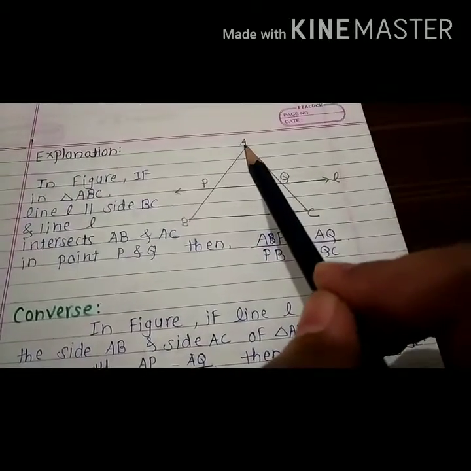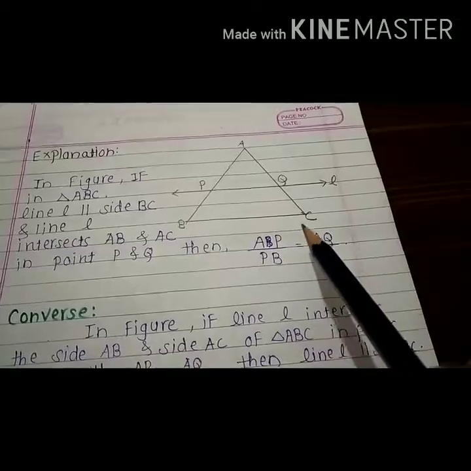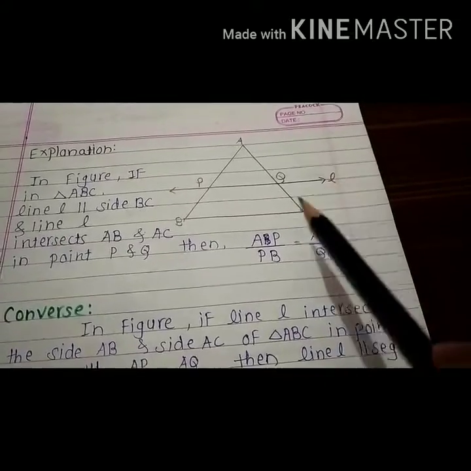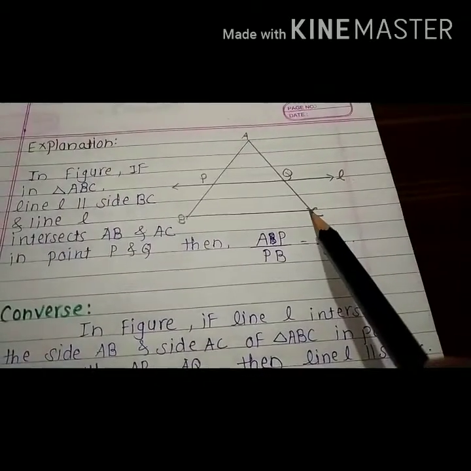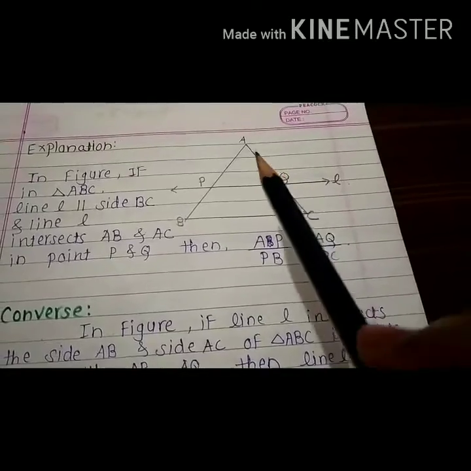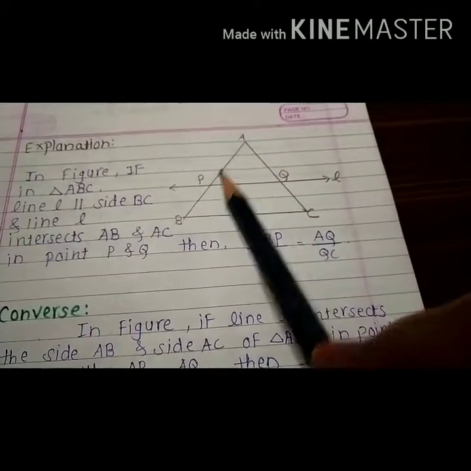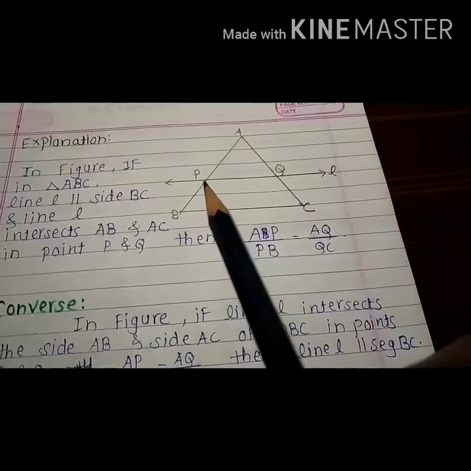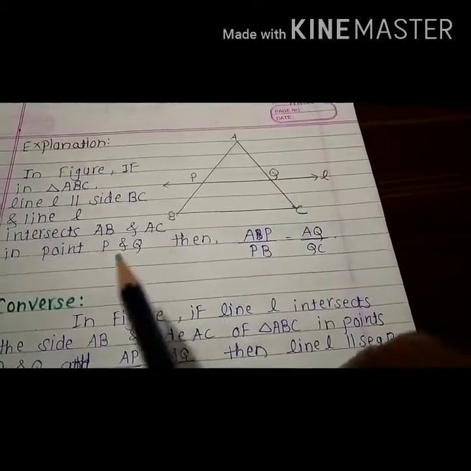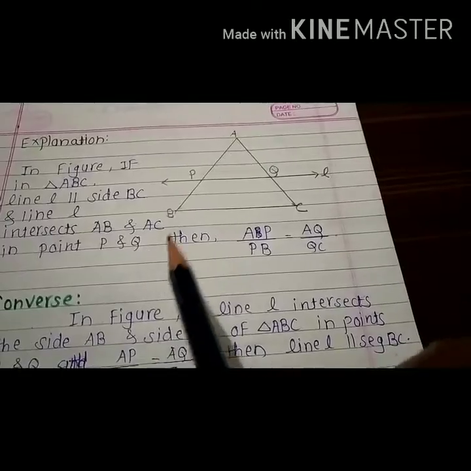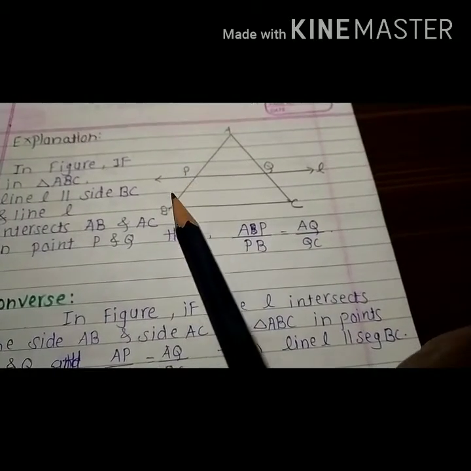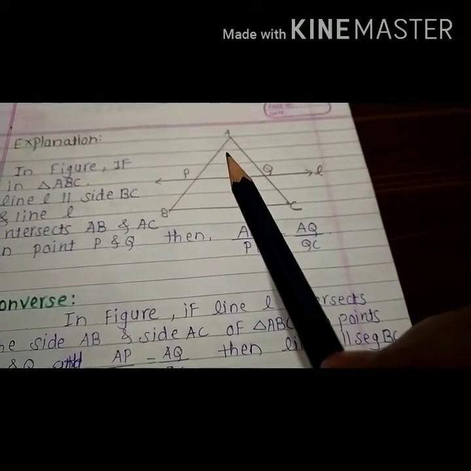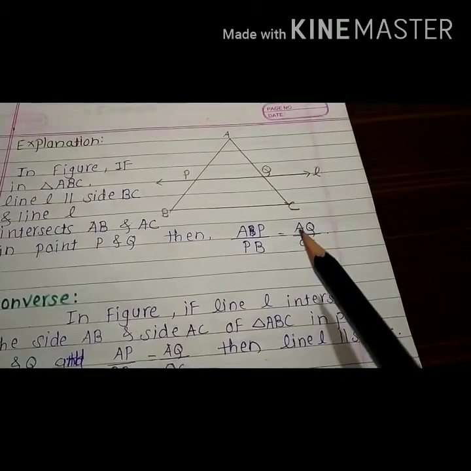In the figure, in triangle ABC, line L is parallel to side BC and line L intersects side AB and side AC at points P and Q. Then, according to the basic proportionality theorem, AP upon PB is equal to AQ upon QC.